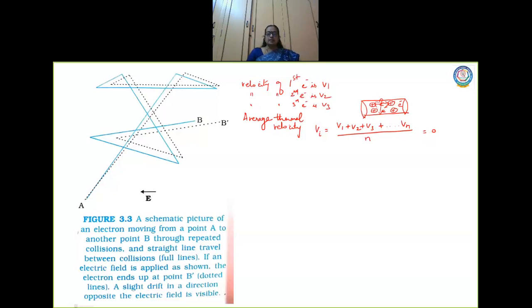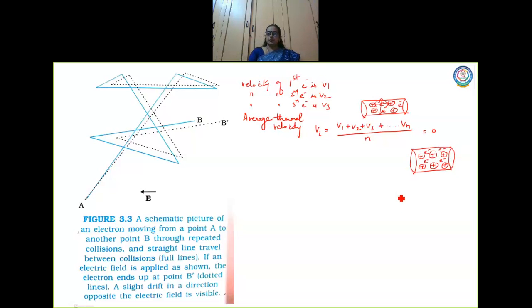Is it clear? Now what I am going to do is, again I am going to consider the same conductor. Now this is the conductor once again. I am going to consider the same positive ions that are fixed, which are not moving freely. Now in between these positive ions you have electrons which are considered to be negatively charged.